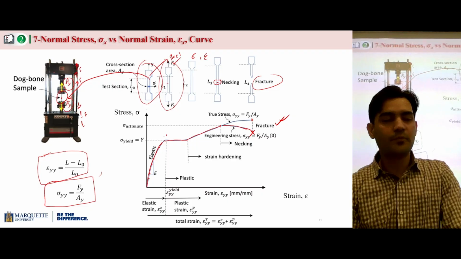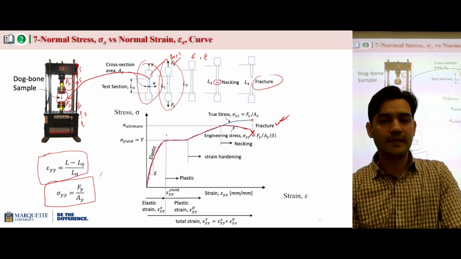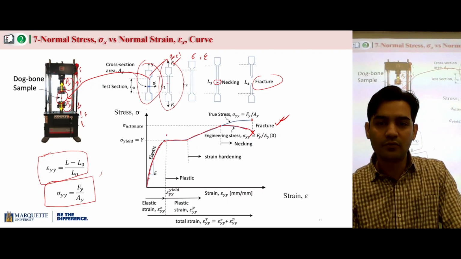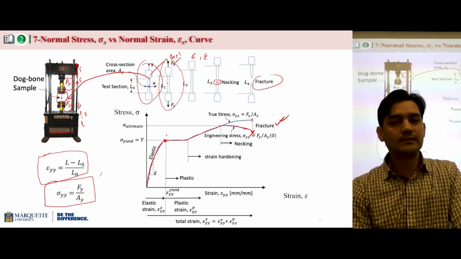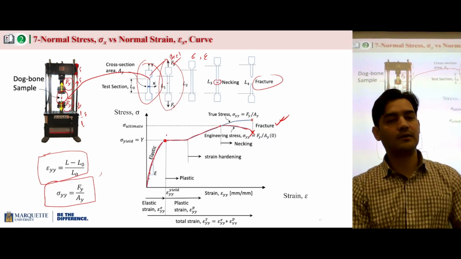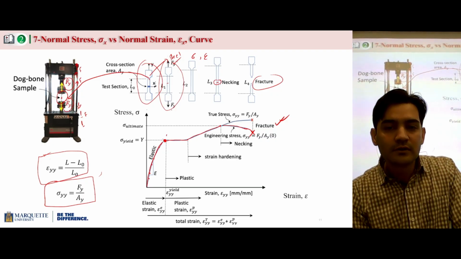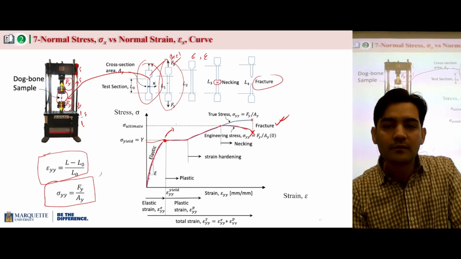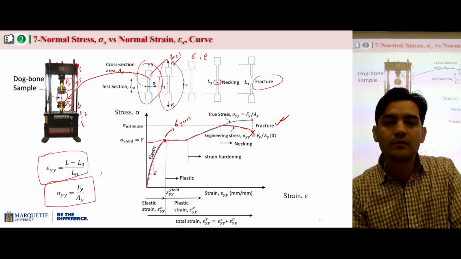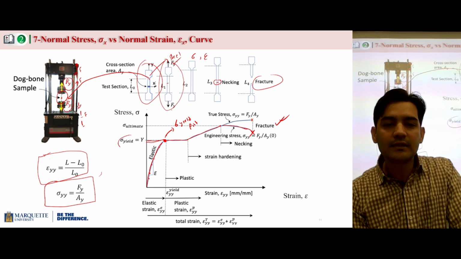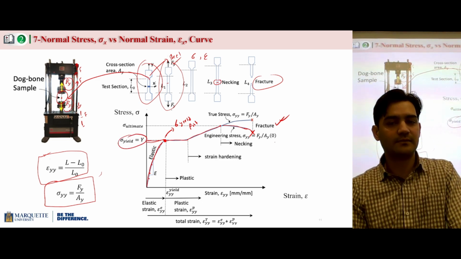There are some important things which you can note down. For example, if you think about this point, this is the maximum. This point is called the yield point, and the stress at that point is called yield stress.